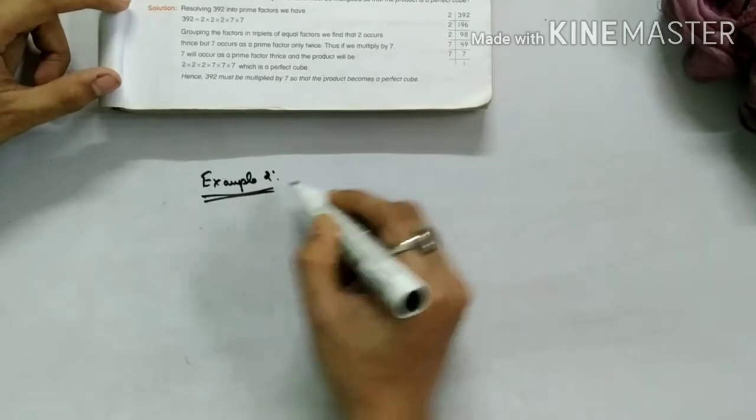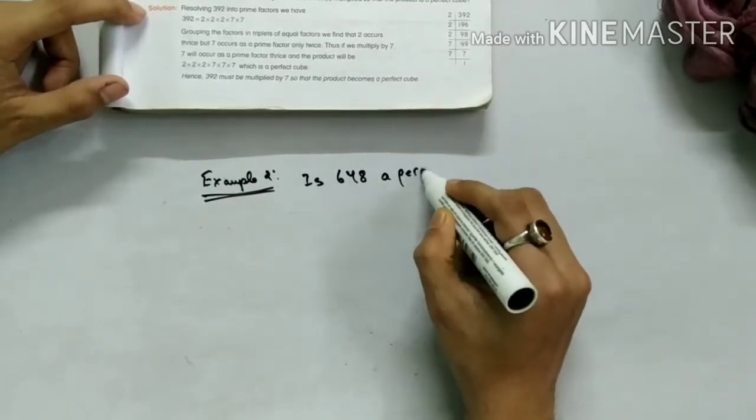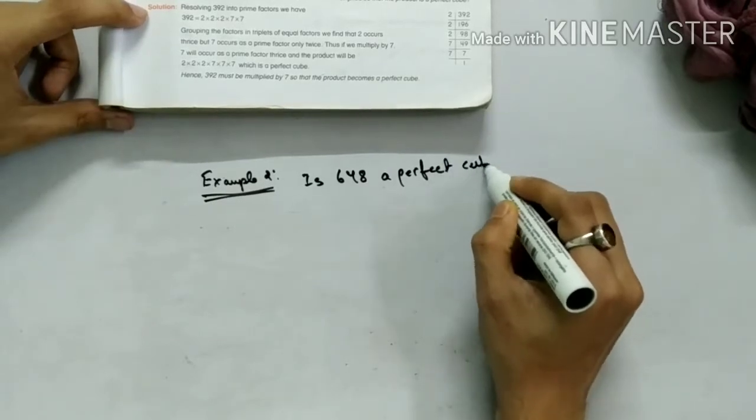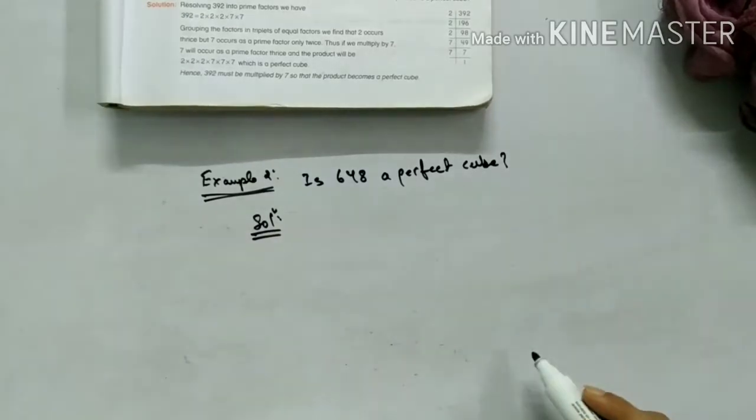Example 2 is asking: is 648 a perfect cube?